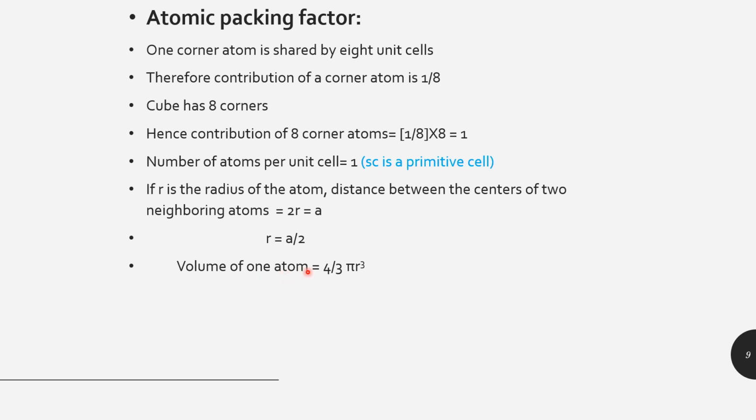Volume of one atom, as it is spherical, is 4 by 3 pi r cube. So the volume of all the atoms in a unit cell, as there is only one atom, is 1 into 4 by 3 pi r cube. This will be denoted as small v. Volume of the unit cell is denoted by capital V. The length of one side is a, so the volume is a cube.